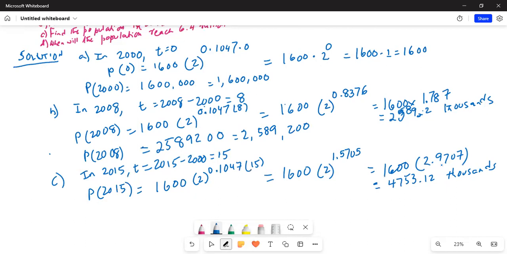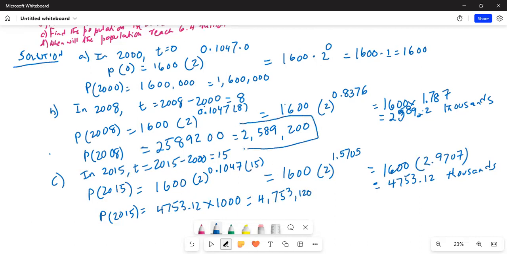So the population in 2015 is 4753.12 times 1000, which is 4,753,120. So this one was in 2008, and this one is in 2015.